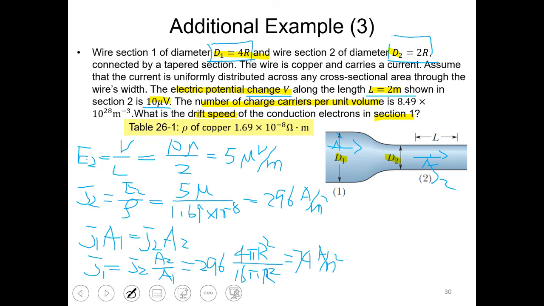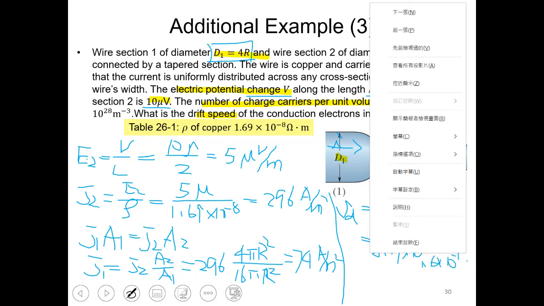And finally, we can calculate v_d to be J1 over n e. So J1 is 74 and n is 8.49 times 10 to minus 28, and then e is 1.6 times 10 to minus 19.